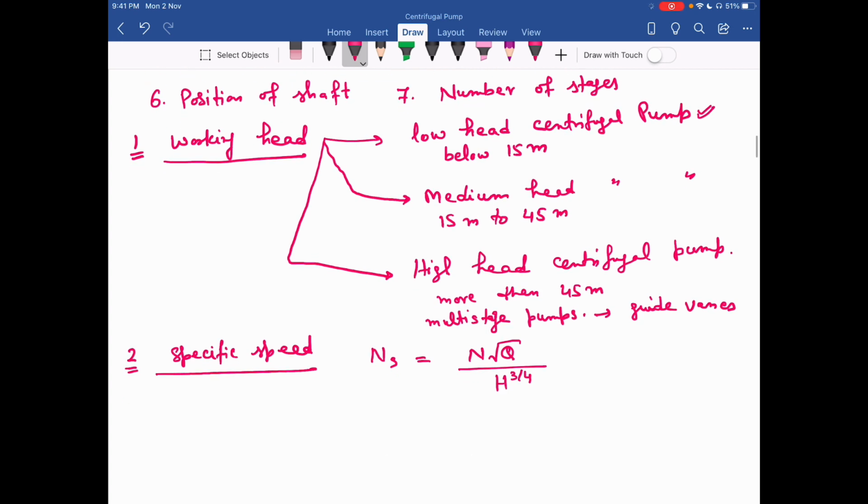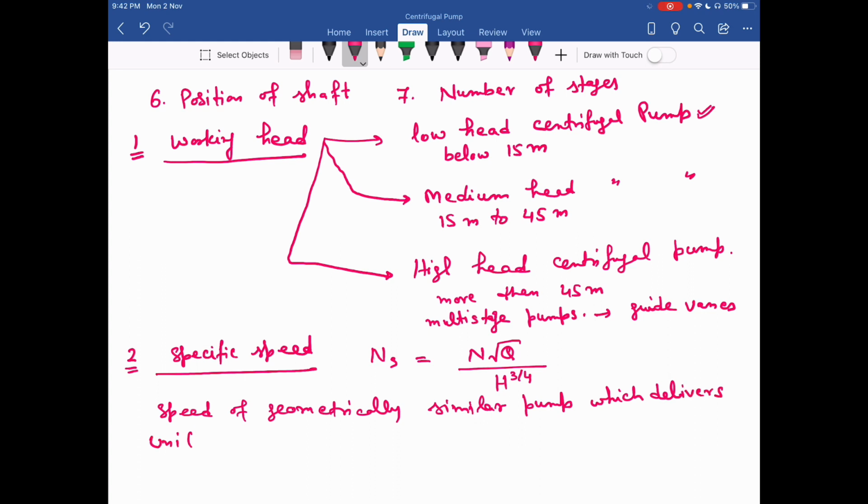and its definition is: the specific speed of a pump is defined as the speed of a geometrically similar pump which delivers unit discharge under unit head.